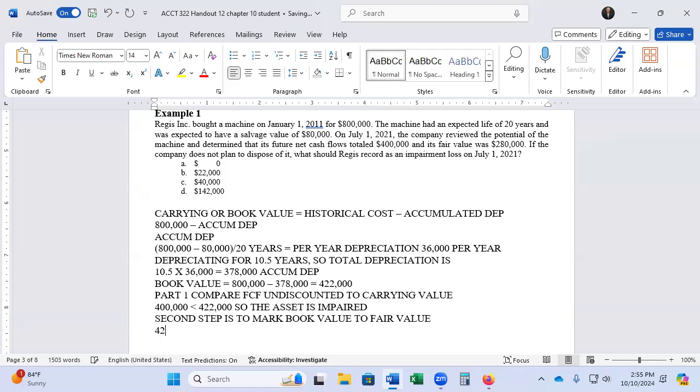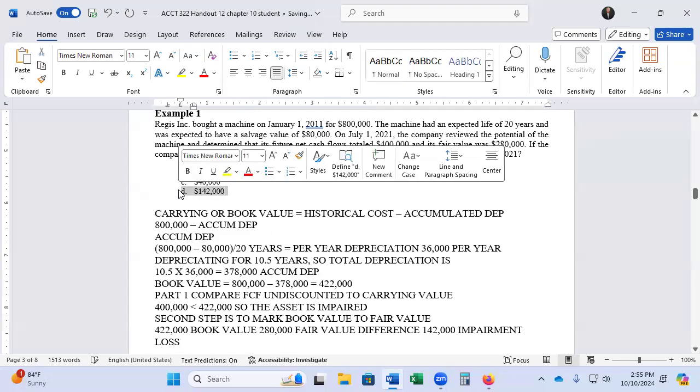So we have a $422,000 book value and a 280,000, my apologies, 280,000 fair value. So the difference, 142,000, is the impairment loss. And so our answer is E.